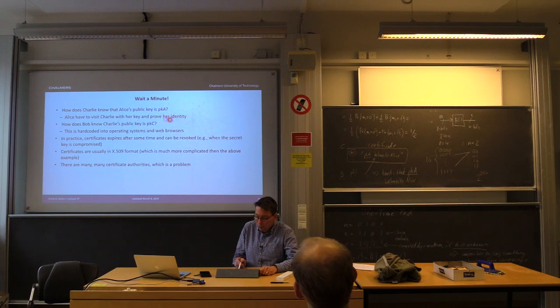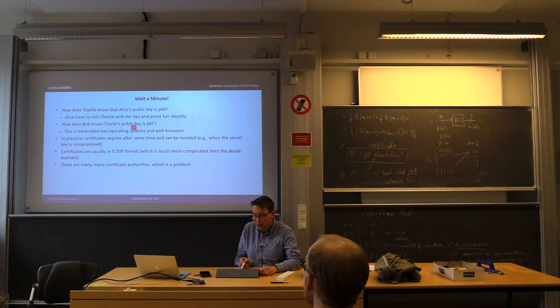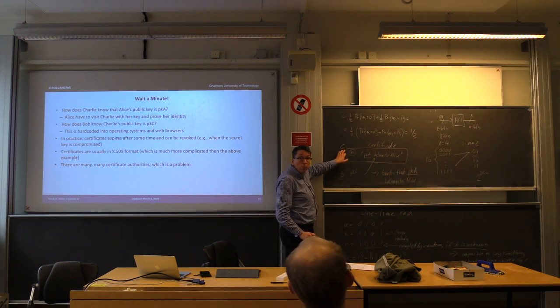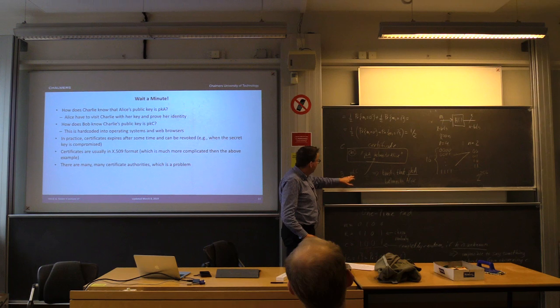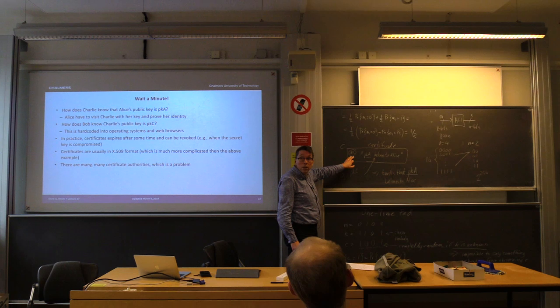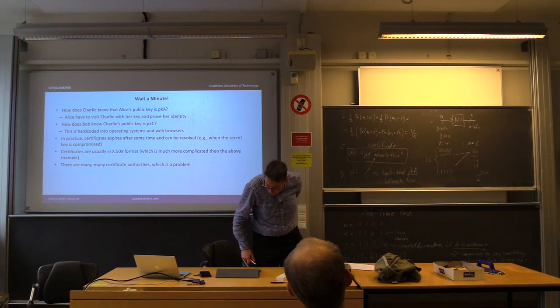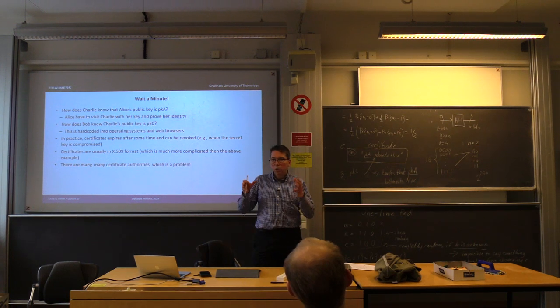That's problem number one. Problem number two is, how does Bob know that Charlie's public key is PKC? How does Bob, who trusts Charlie, know that there is a public key PKC which belongs to Charlie? That's also a problem. And this is solved very clumsily: these public keys are actually hard-coded into the operating system of computers.